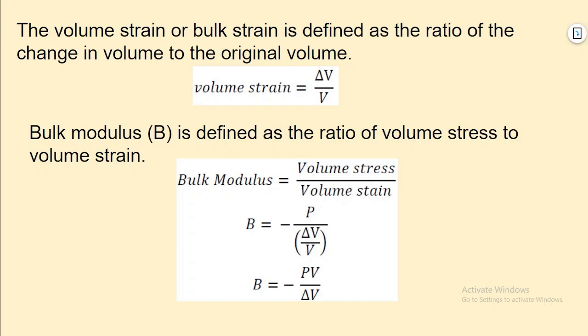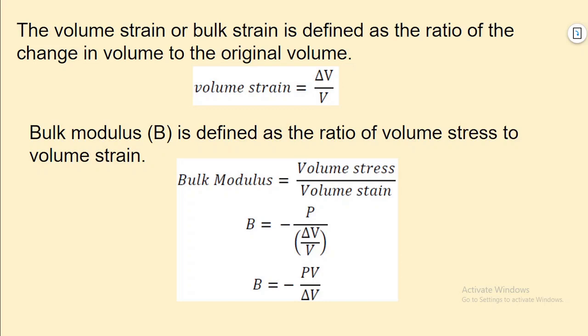Why? Because when we apply pressure, there is a decrease in volume, so delta V is a negative value. With the negative sign already in the expression, we get a positive value for the bulk modulus. For that purpose we insert the negative sign.